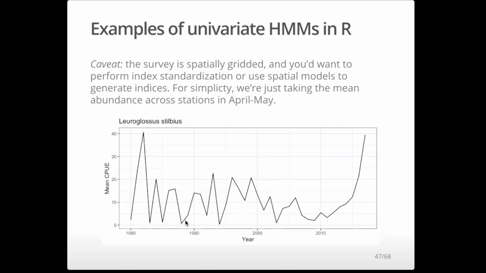If you were to do this for real, just as a caveat, you would want to use either spatial models or more complex approaches than what I'm doing here to estimate abundance. Essentially, we took the mean catch per unit effort over the entire survey area over the spring period, and that's what this mean catch per unit effort represents. So these are now annual estimates of catch per unit effort.